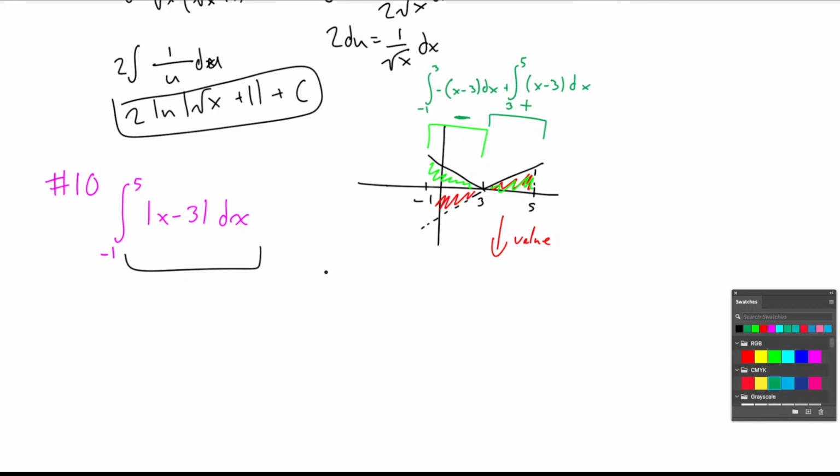So, let's take the first integral. That would be -1 to 3 of negative x plus 3 dx plus 3 to 5 of x minus 3 dx.